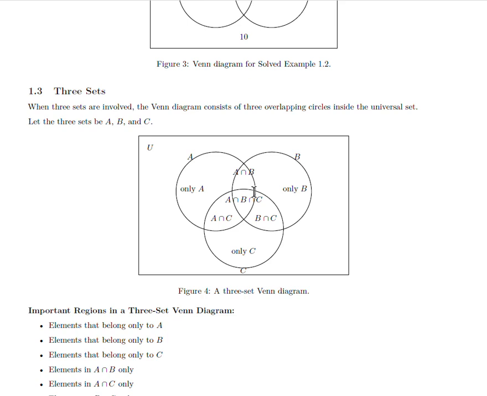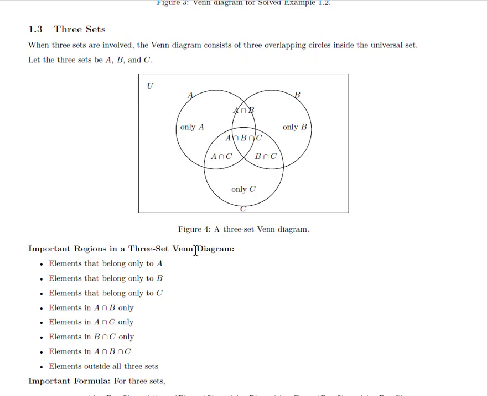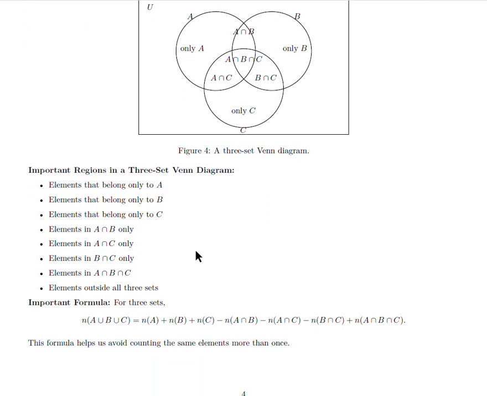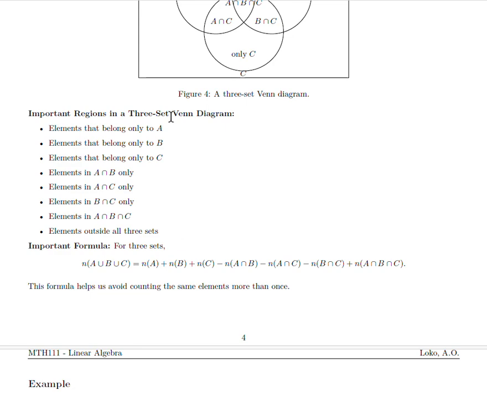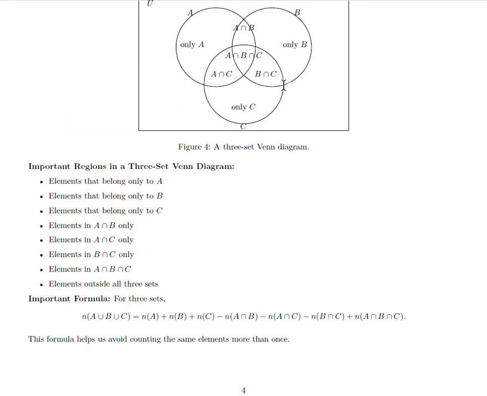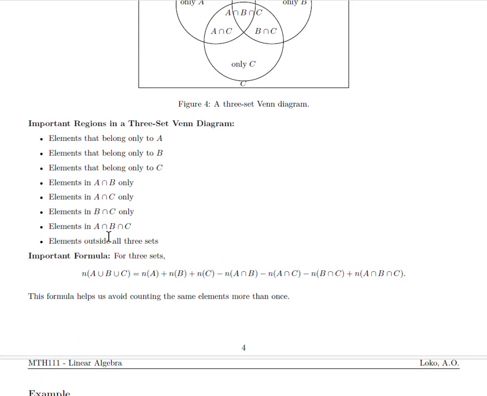We have this portion to be the intersection for B and C, this portion for A and C, this portion for A and B, and then this center for A and B and C. All these explanations for the notations in the Venn diagram are straightforward, similar to the one for two sets.